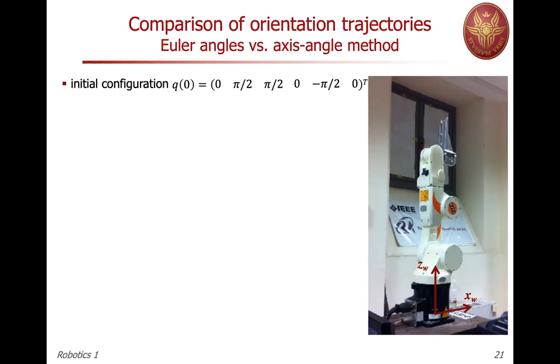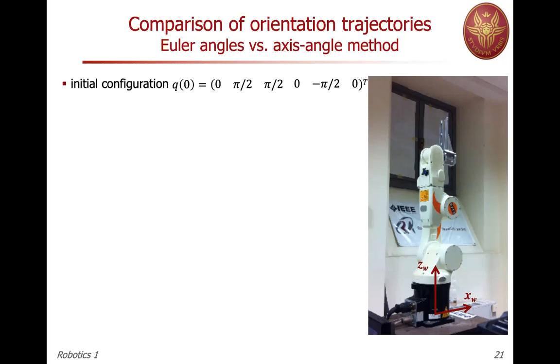So this configuration is associated to the values 0, pi over 2, pi over 2, 0, minus pi over 2, 0. This is not really the full stretch situation, because the fifth joint, you can see, is horizontal. In fact, it's minus pi over 2 here.